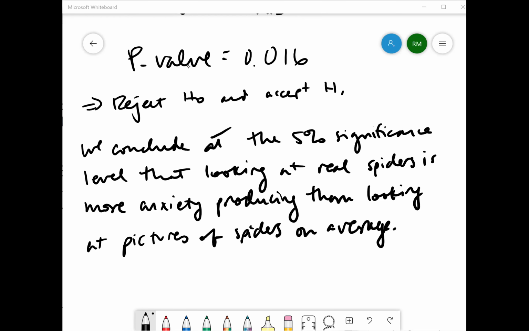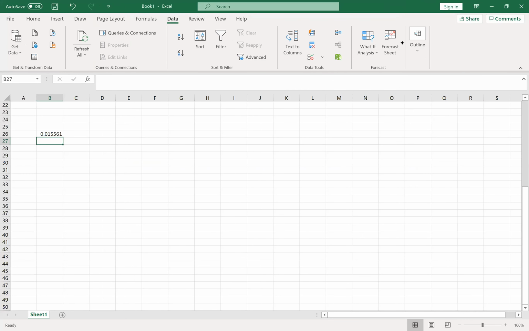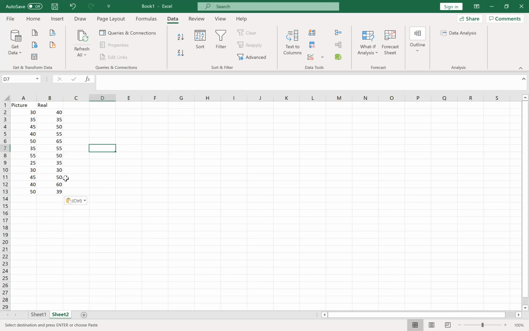So there was actually another way of doing this that was even faster than what we just did. So I brought the data back here onto Excel. And if you go to Data at the top, there should be a button that says Data Analysis. This is only on downloaded versions of Excel, and it's a little difficult to find sometimes. So I will help you in class find it.